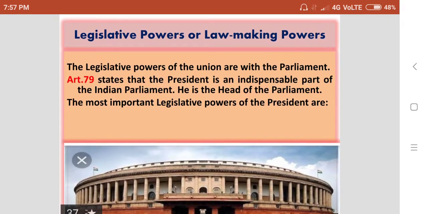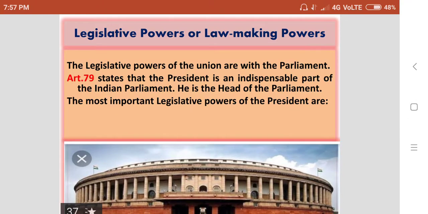So, first let us see what legislative powers are given to the President of India, which are also called law making powers. The legislative powers of the Union are with the Parliament. Article 79 states that the President is an indispensable part of the Indian Parliament. He is the head of the Parliament.